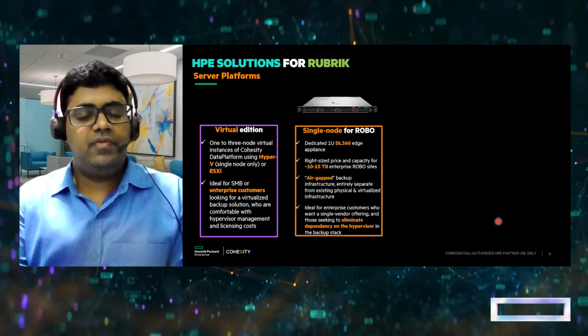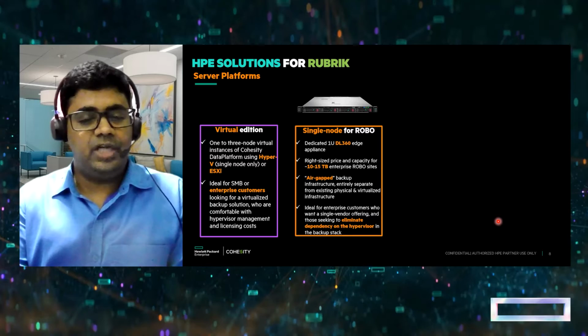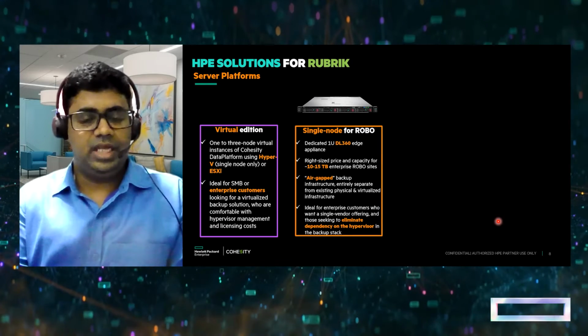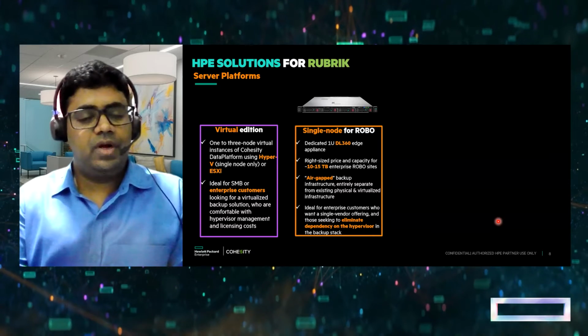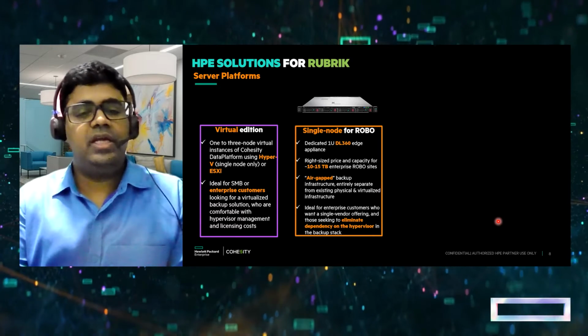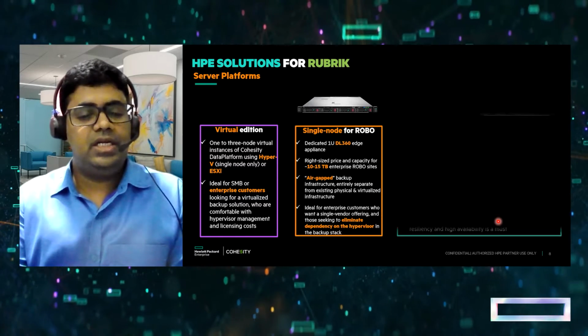Okay, and for physical servers in a ROBO, meaning remote office and branch offices, we can configure a single node. And later, depending on your workload and infrastructure size, we can increase to multiple nodes. And here the recommended model is HPE DL360.